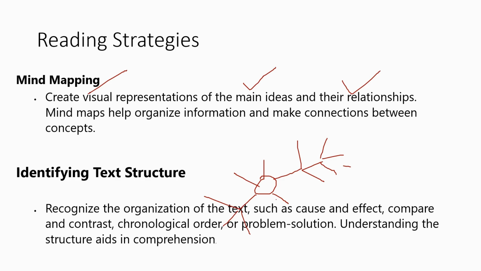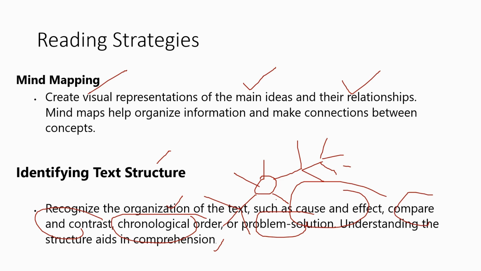Another one is identifying text structure. Recognize the organization of the text, such as cause and effect, compare and contrast, chronological order, problem and solution. Understanding the structure aids in comprehension. So you try to know the structure of the text.